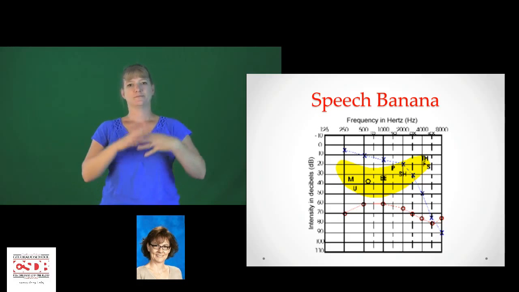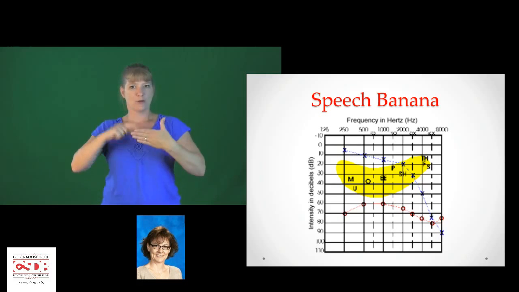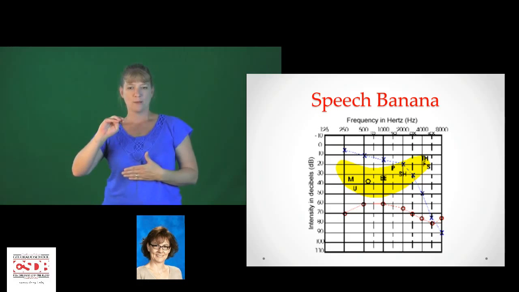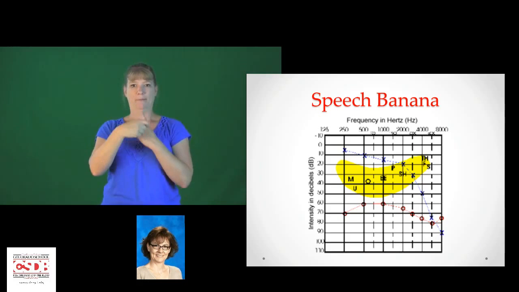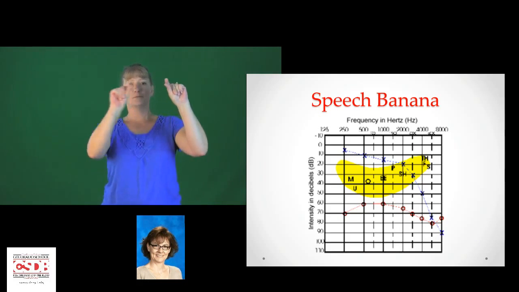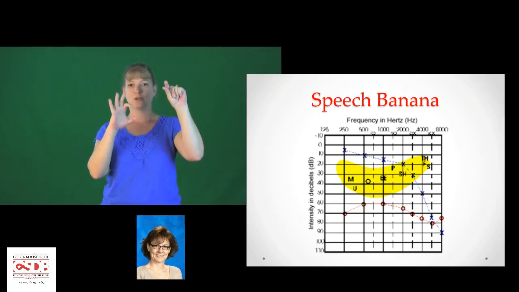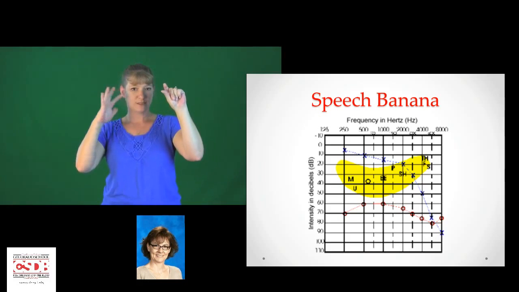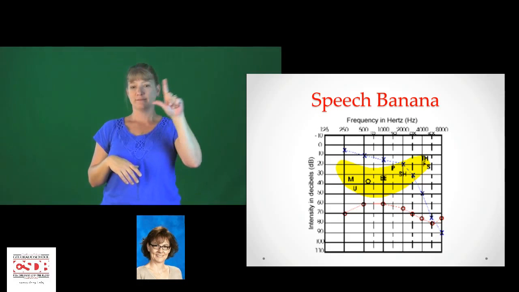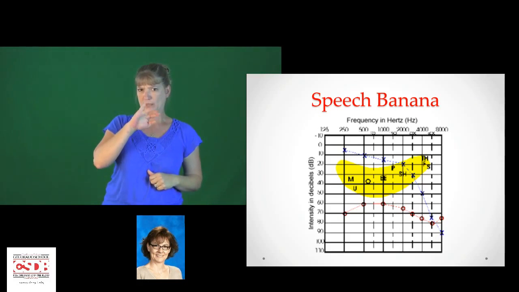And this is just a review of the audiogram with the speech banana. At the top of the graph, if you remember, the numbers across the top represent the pitch or the frequency of sounds. On the left-hand side, the sounds are low pitch, and on the right-hand side, they're high pitch.